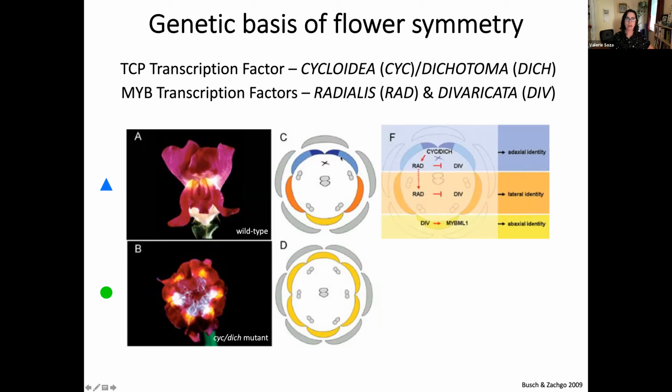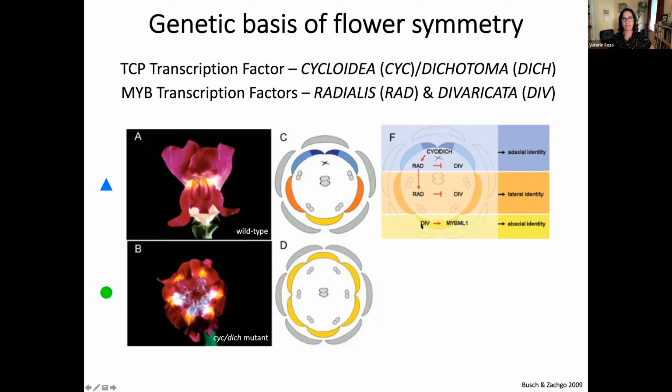And they turn on another gene called radialis, which is turned on in the dorsal petals and then also in the lateral petals. So radialis is what contributes to creating these lateral types of petals. Cycloidea and dichotoma create these different types of dorsal petals.